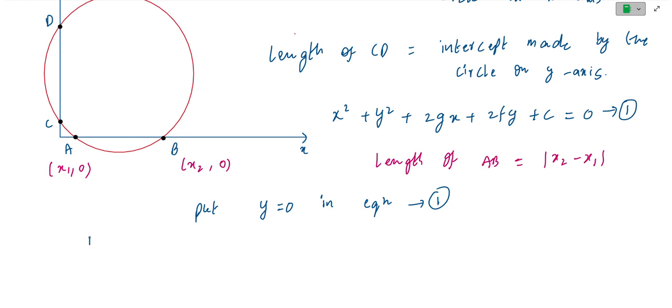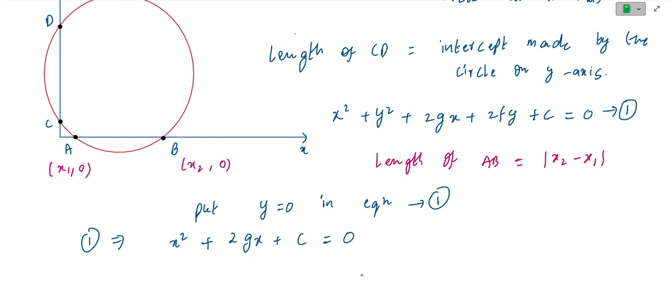Then equation 1 will become x square plus, in the place of y square, 0 square, which is 0, plus 2gx, plus 2fy, which becomes 0 since the y value is 0, and we are left with c here.